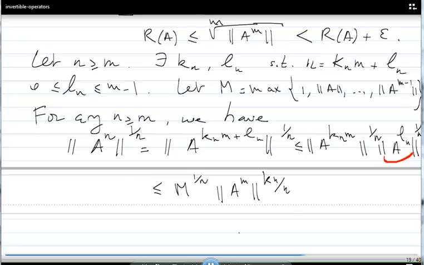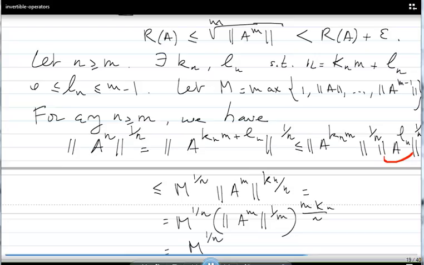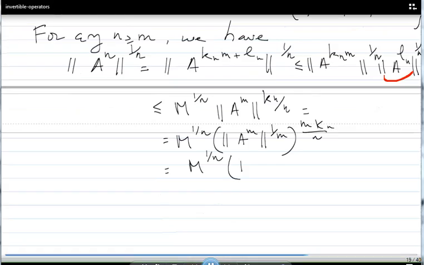This is equal to M to the power 1 over n, times the norm of A to the power m, to the power 1 over m, to the power m k_n over n, and here we have 1 minus, it's going to be n minus l_n over n.